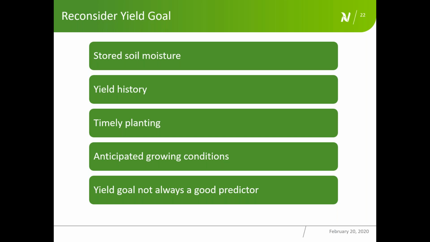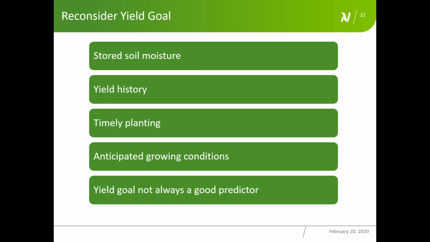So let's talk about some of the 4R type of factors in our application. We need to consider the yield goal. Now, understanding that yield goal is not always a good predictor of need, particularly in our dryland cropping systems, we can look at stored soil moisture that can help us make a decision in how much nitrogen we need. Looking at yield history, are we able to plant on time?